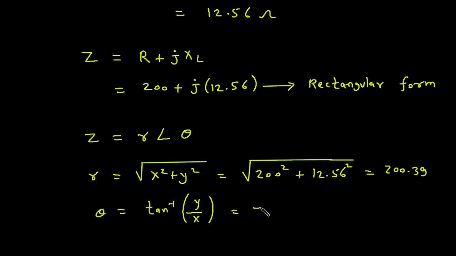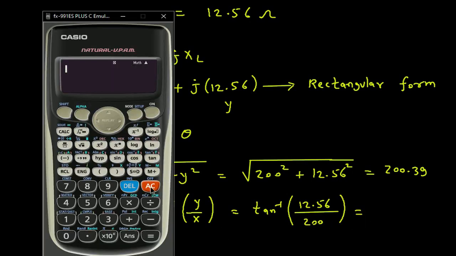Now next is theta. So theta will be tan inverse of y by x. Now again here this is x and this is y. So y is 12.56 divided by x is 200. So this will be tan inverse of 12.56 divided by 200.